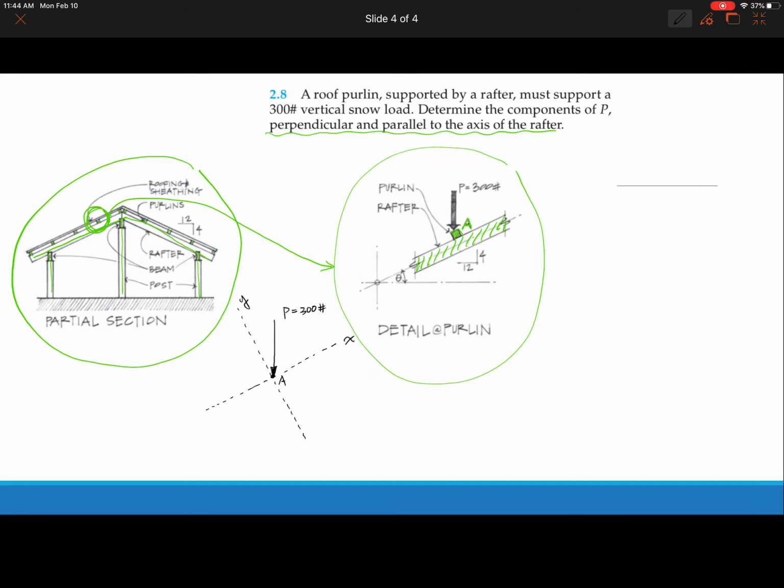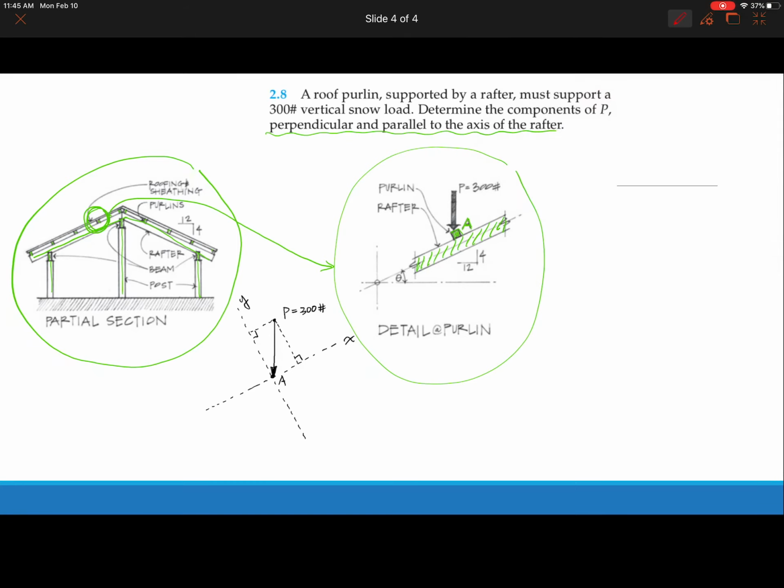Alright, so now let's divide it into x and y components. The way you do that, we said you always draw the perpendicular line from one end of that force. So this is the end of the force in this case.